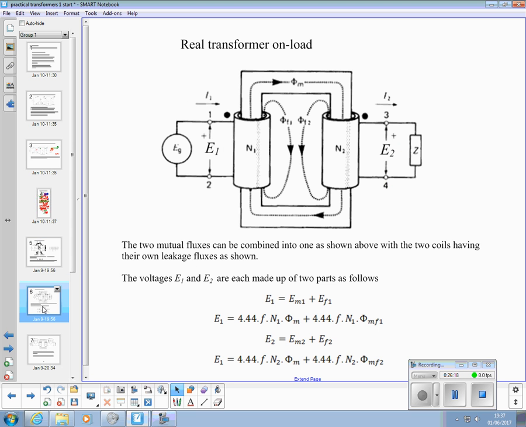So, how do we represent that? Two mutual fluxes can be combined into one, shown above, the two coils having their own leakage fluxes as shown. So the stuff that's linked is linked in both of them. So we combine that together, and these two fluxes here and here are the leakage fluxes.